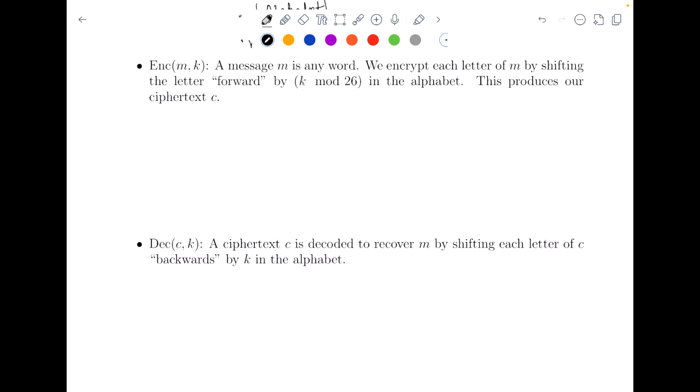Next, I have the encryption, where we shift each letter of M forward by K mod 26. The way I've thought about that is M is a string composed of characters, so I have M1, M2, up to ML, and then the encryption is really M1 plus K mod 26, and then the next letter is M2 plus K mod 26, up until we get to that last letter.